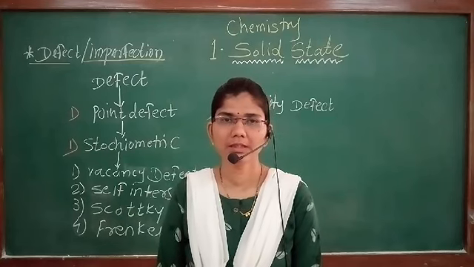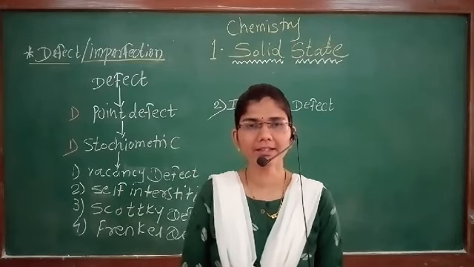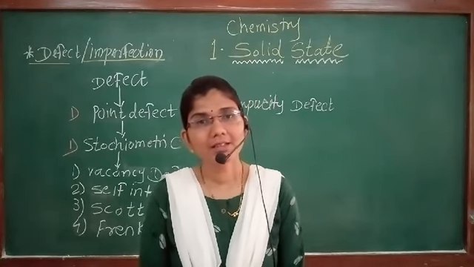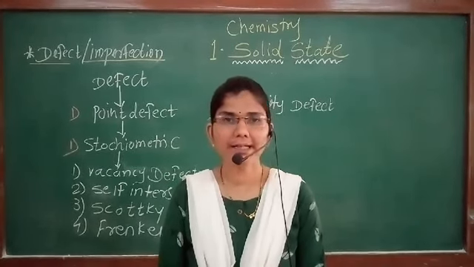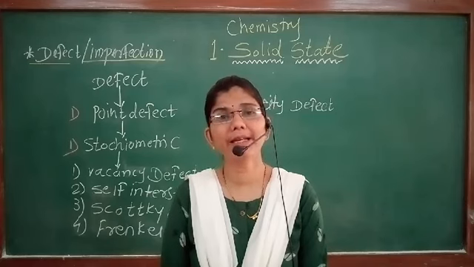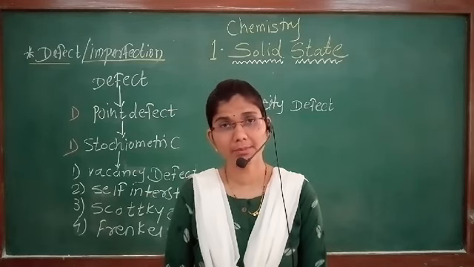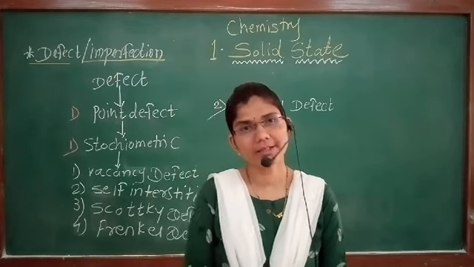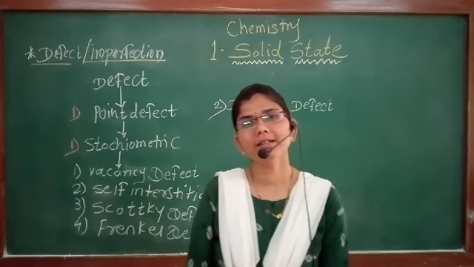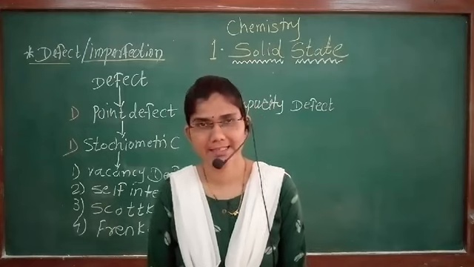So in the types of defect there are three types of defects: point defect, line defect and plane defect. But in our topic solid state we have to study only point defect in detail.